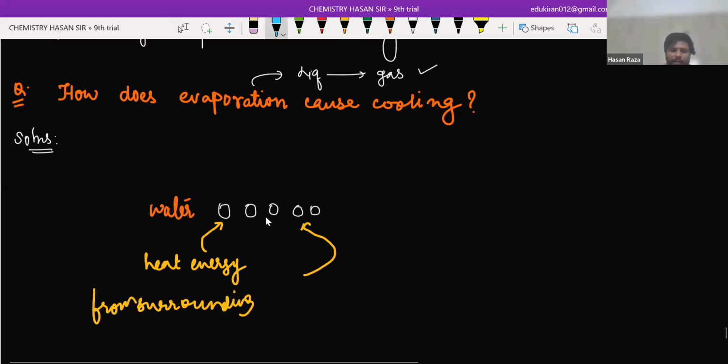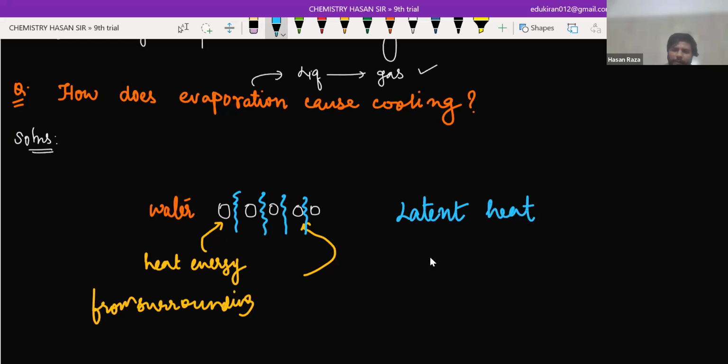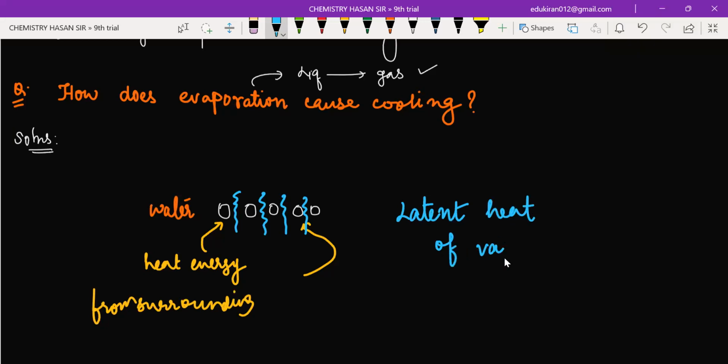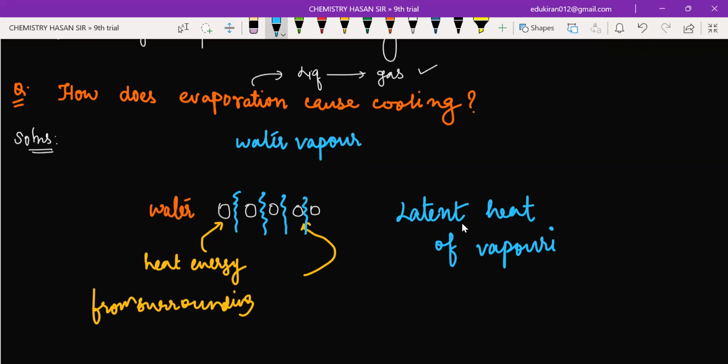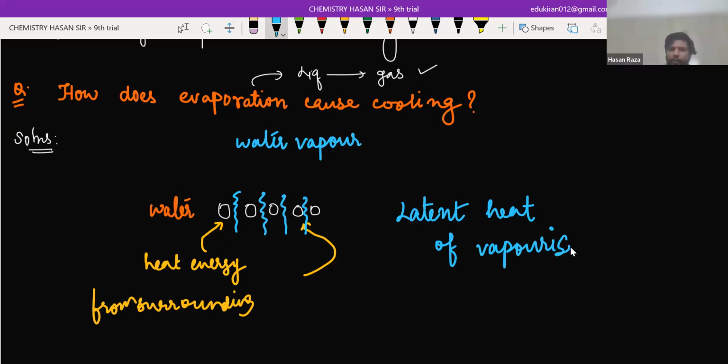This heat energy is basically used to break the force of attraction between the water particles. What is this heat energy called? Latent heat of vaporization, since it is converting itself into water vapor now. Are you getting my point? Yes. So this is latent heat of vaporization.